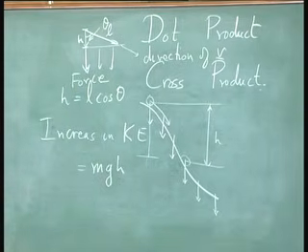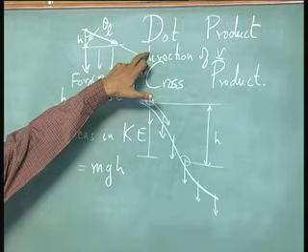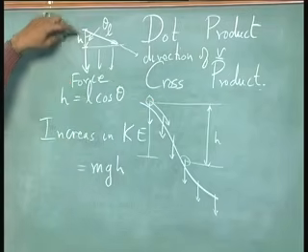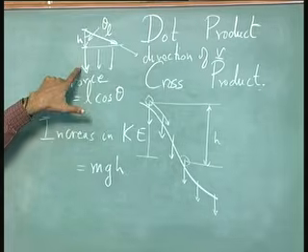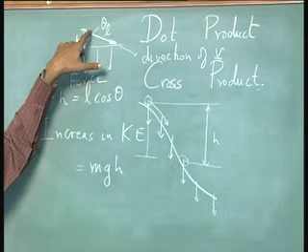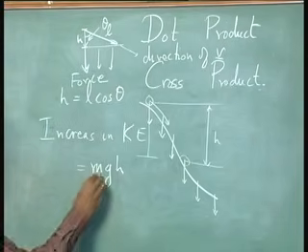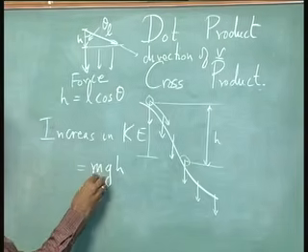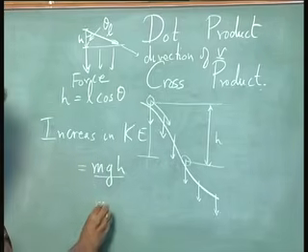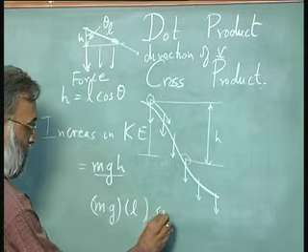The amount of energy you gain is not equal to force times the distance along the direction, rather it has to do with force times that distance times cos theta. That is what you get here. That is, instead of mgL, you get mgh. Substituting for h, you get mg into L into cos theta.